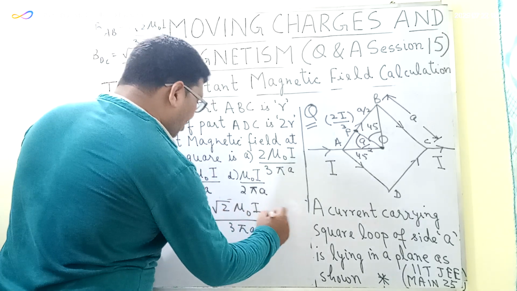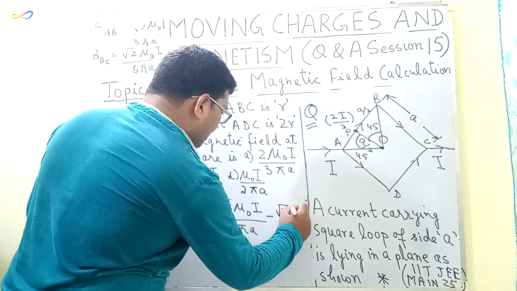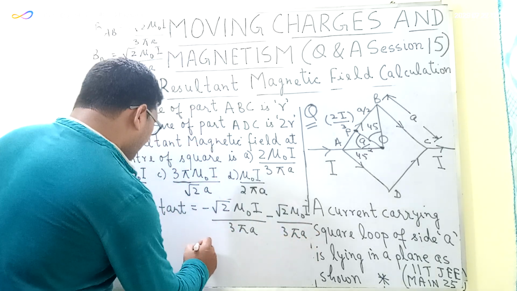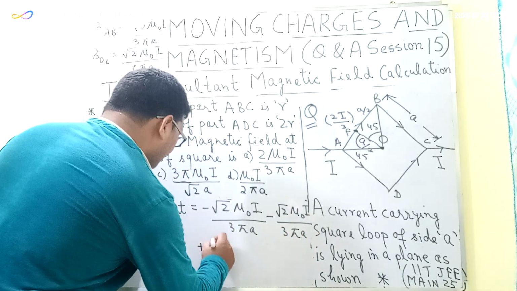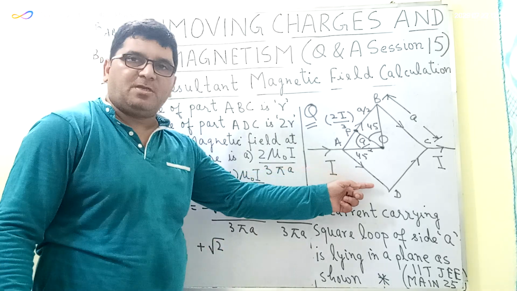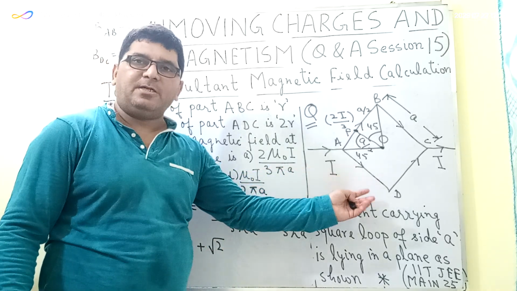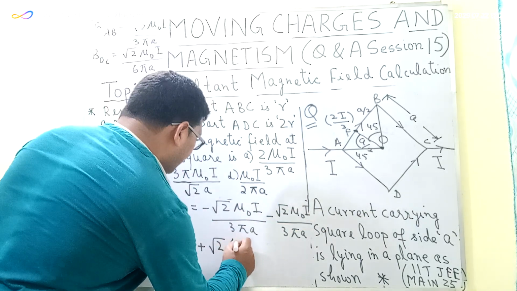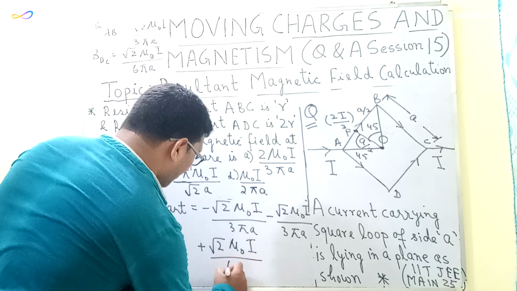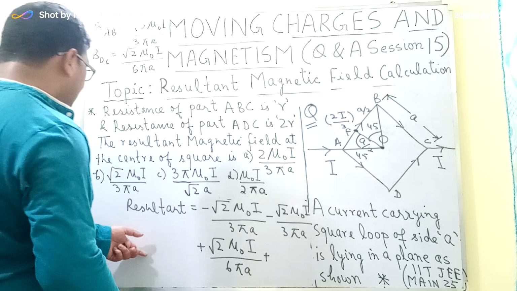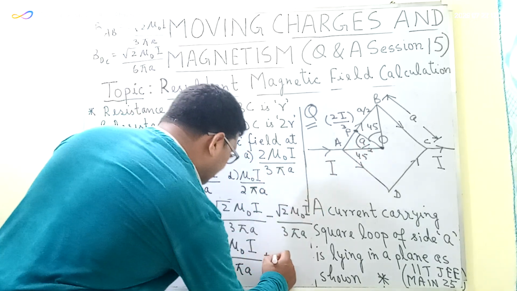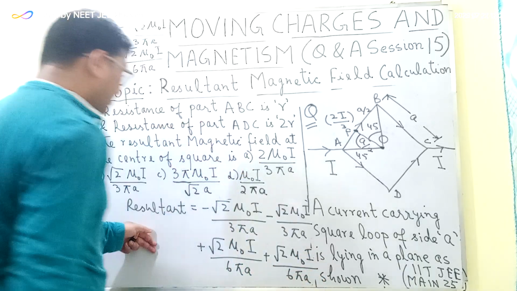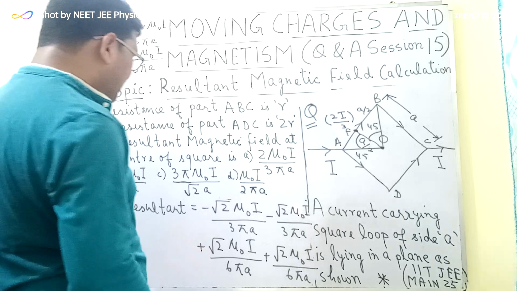So we can simply write it as minus root 2 mu I divided by 3 pi a, and the magnetic field due to the part DC, this is plus, because in this case the magnetic field is directed out of the plane, so it will be root 2 mu naught I divided by 6 pi a, and the magnetic field due to the part AD will also be equal to root 2 mu naught I upon 6 pi a.